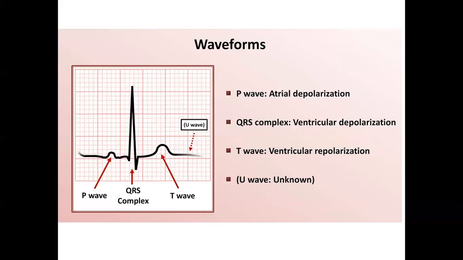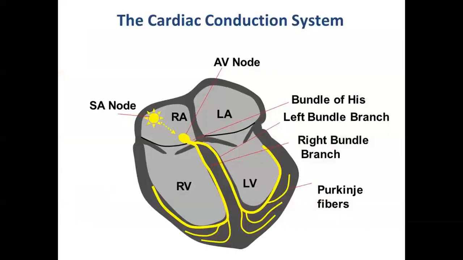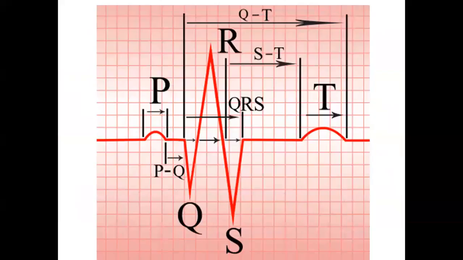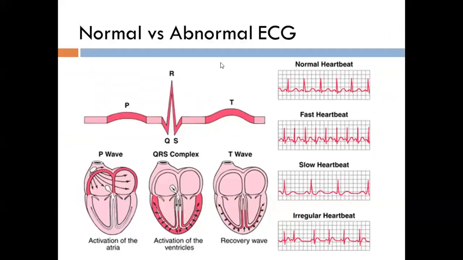So what the NCLEX board sometimes asks is which wave is produced when, right? Here, let me show you. The P wave, a positive deflection, is produced because of activation of the atria. This is the atria, right? Because of activation of the atria, the P wave is produced.